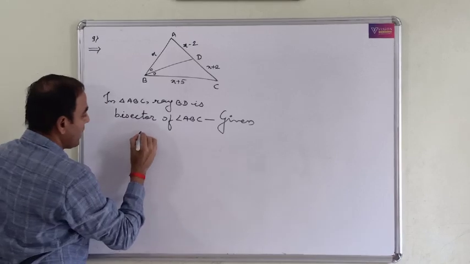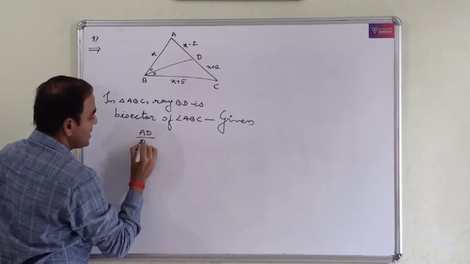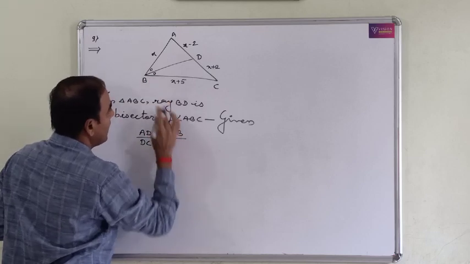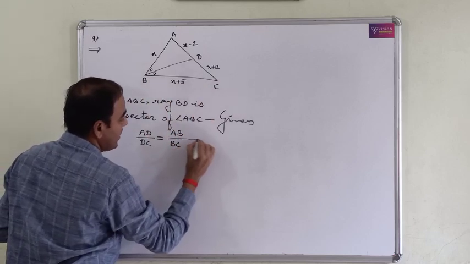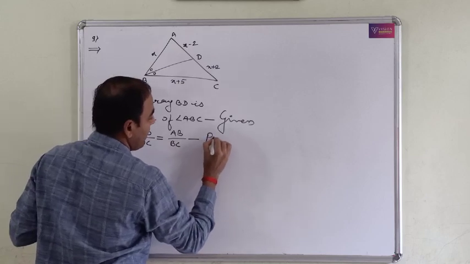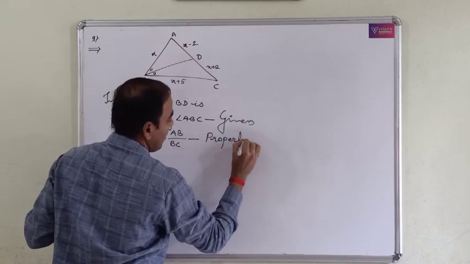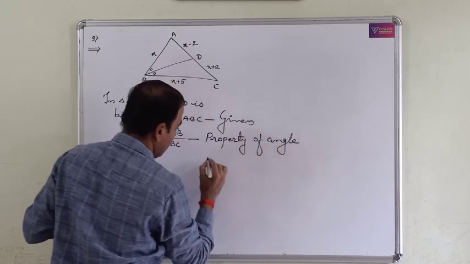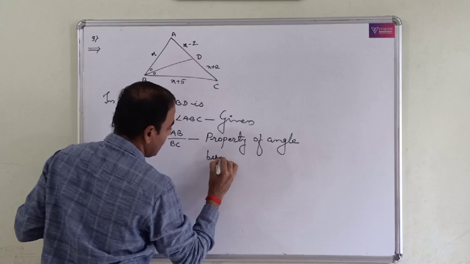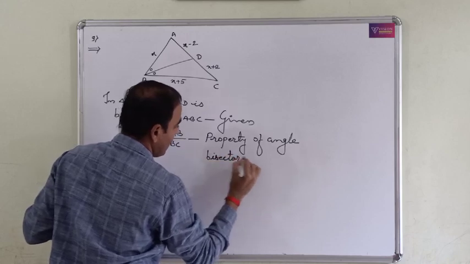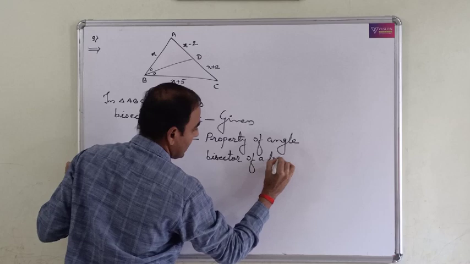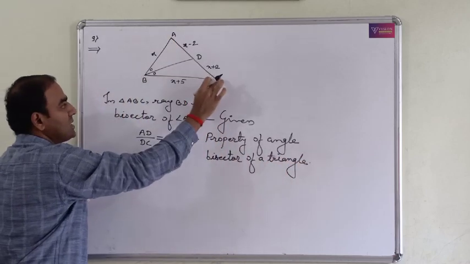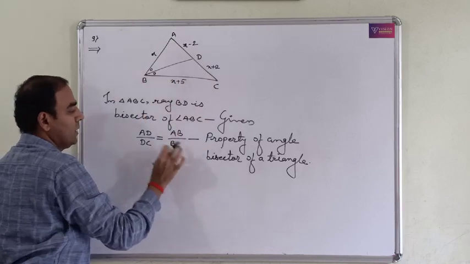So I get AD upon DC is equal to AB upon BC. Reason: property of angle bisector of a triangle. The angle bisector divides the opposite side in the ratio of the remaining two sides.